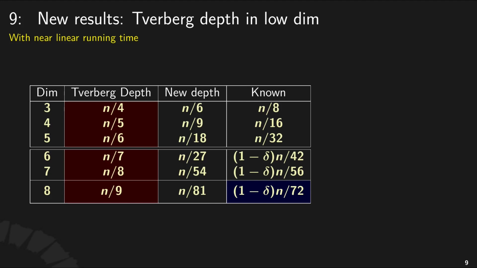So we show how to get an n over 6 approximation in linear time, and the previous best result known was n over 8, and we get similar results for dimensions 3 to 8. At 8 dimensions, we're essentially losing to what was known before. So improvement only for dimensions 3 to 7, which is hopefully interesting because in some sense, if you have to use it in practice, you would probably try to use one of those approaches.